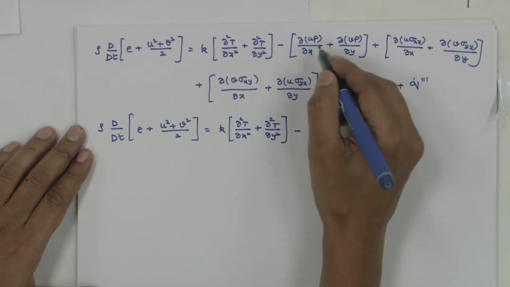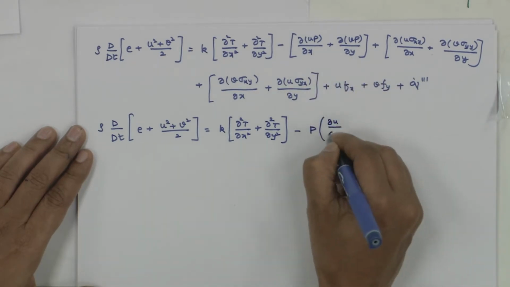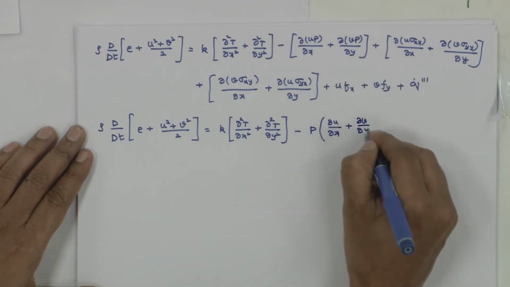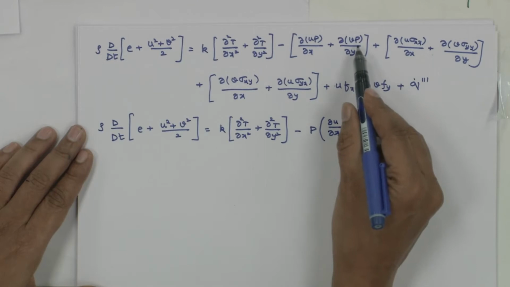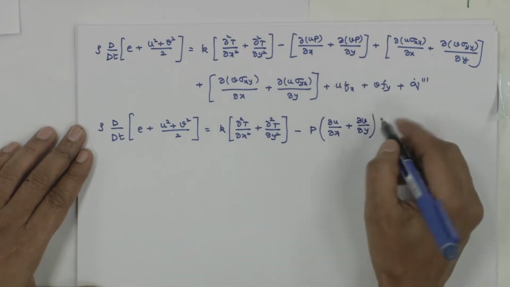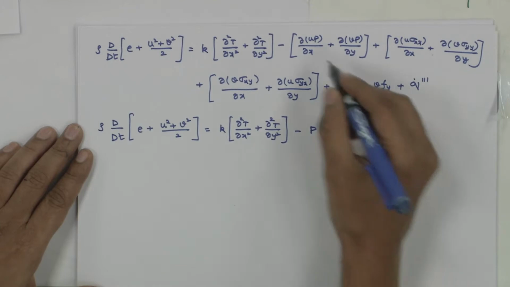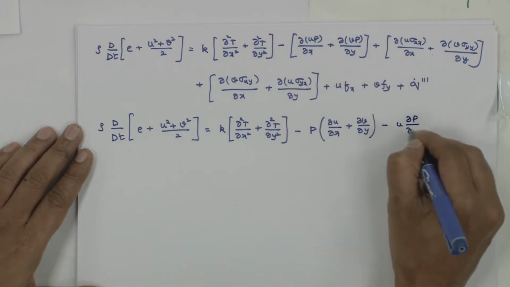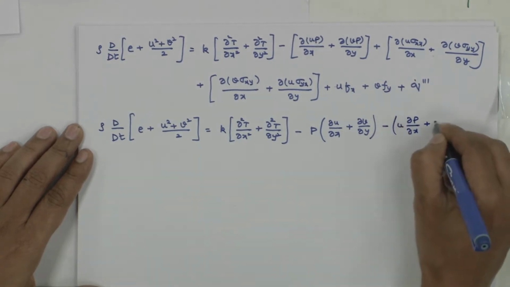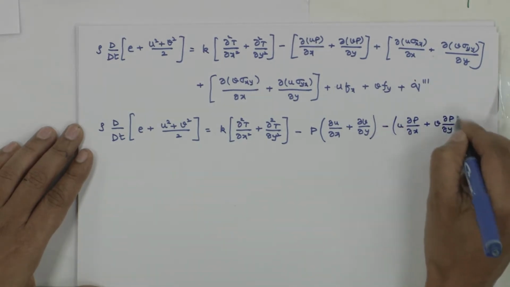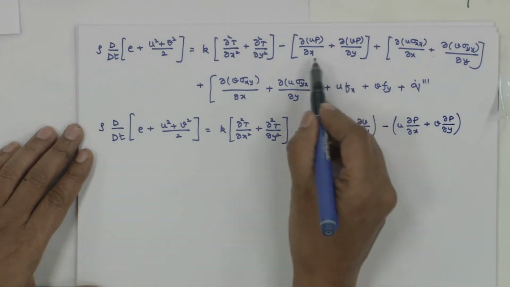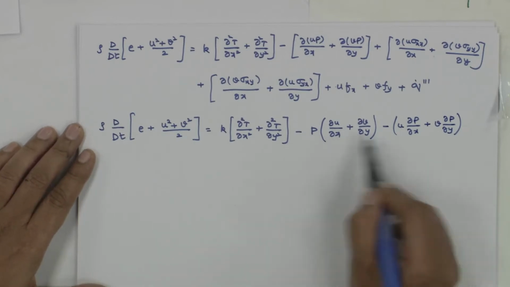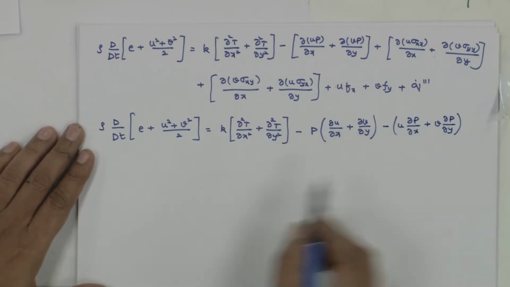If I take p as constant, I get del u by del x, next also del v by del y. Next term, the first term I have taken minus of, now I have to keep u constant: u del p by del x plus v del p by del y. Remember, I just expanded these terms and taken p common, that's all. One small step I have skipped, but I have told it orally.